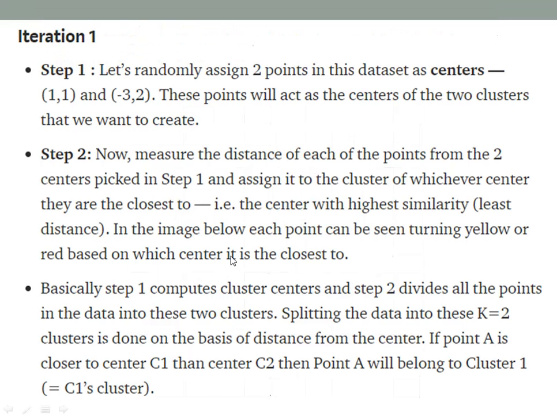So let's have a quick look again at our basic algorithm. In iteration number 1, so now we know that we are repeating these steps in iterations, we are randomly assigning 2 points in the data set as centers. So for this example, we can have (1, 1) and (-3, 2) as our cluster centers, right?